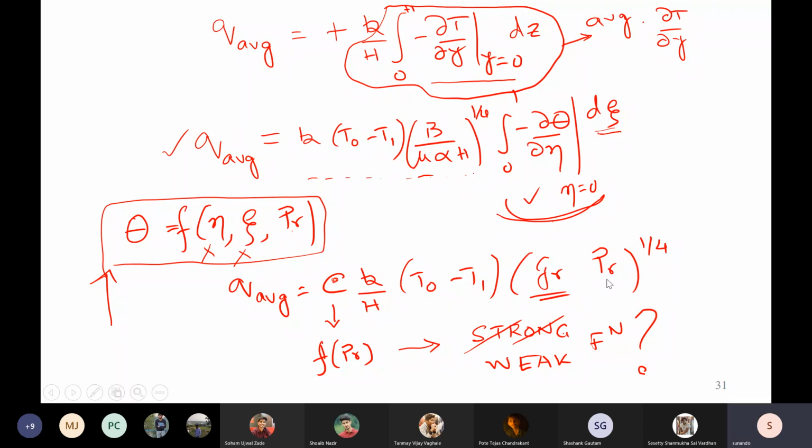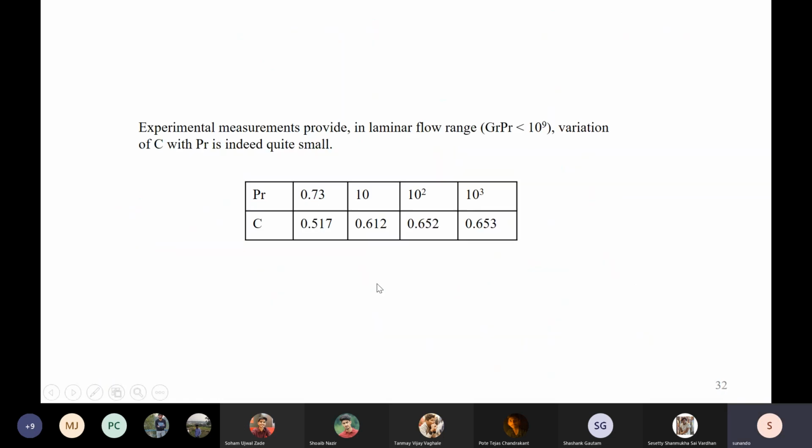So your fluid may change, your conditions may change. This value of C, from our analysis, we anticipate it will not change much. So let's look at some of the experimental measurements. These are the values of Prandtl number which you see, 0.73 to 10 to the power 3.